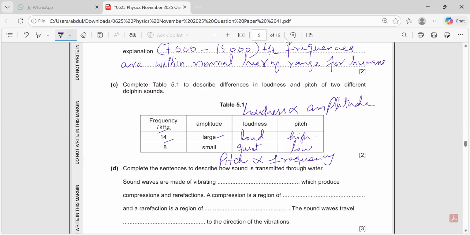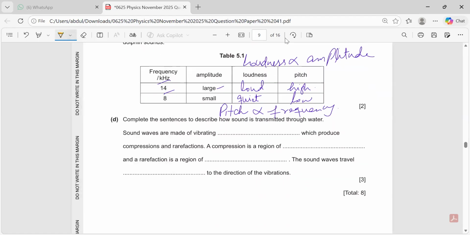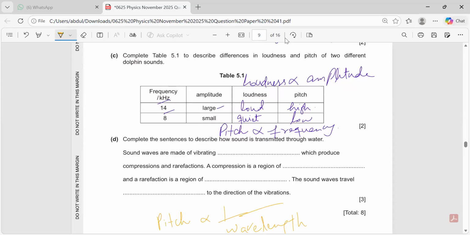So low frequency, low pitch, high frequency, high pitch. And also let me tell you one thing more, dear friends: pitch is also inversely proportional to wavelength, because for the same speed of sound, wavelength and frequency are reciprocal to each other, meaning inversely proportional. If the wavelength is more, frequency will be less and vice versa. So anyhow, these were the clues for this answer.